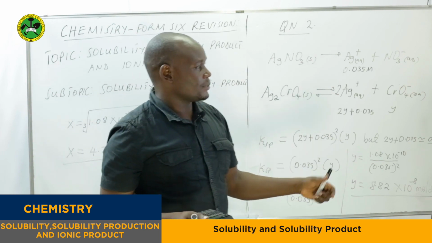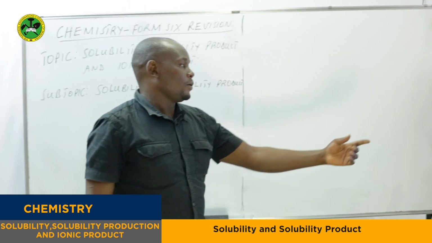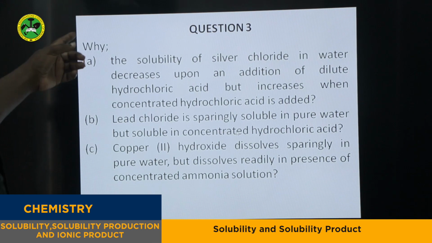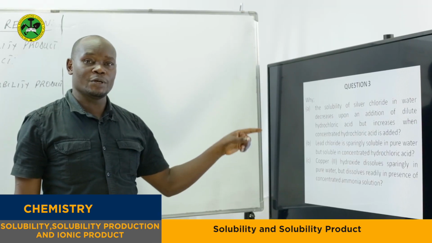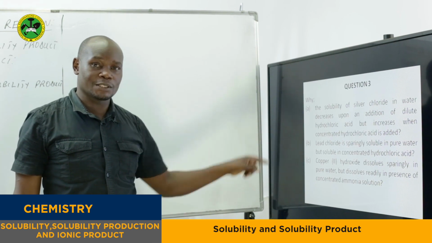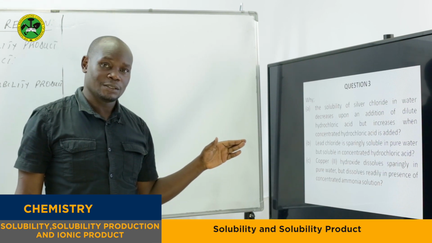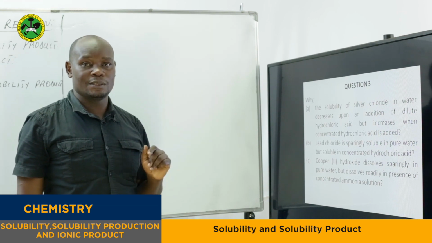Now from there, let us consider the third question. The third question requires you to use the knowledge of complex compound formation, since you remember that we discussed that one of the factors that affect the solubility of a sparingly soluble substance is the formation of a complex compound.